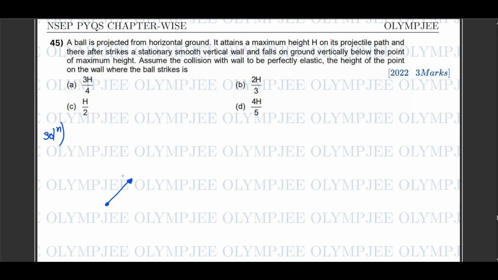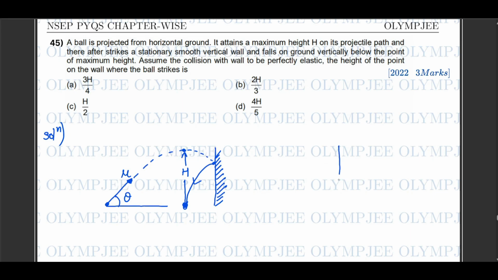Let the initial velocity be u and it is projected at an angle theta. So it will attain the maximum height h, and then after moving some distance it strikes a wall. And then it falls vertically below the point of maximum height. It falls finally here. And the collision with wall is perfectly elastic.